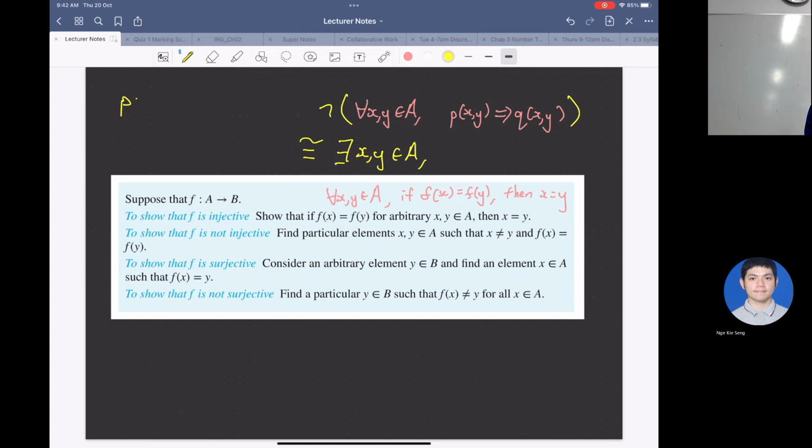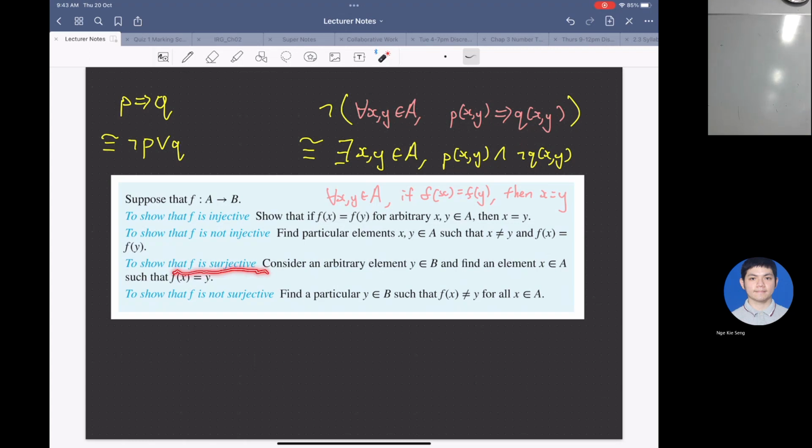Remember P implies Q is logically equivalent to not P or Q. So negating it, you use De Morgan's law and get P and not Q. So assume f(x) equals f(y), that's P, and not Q, meaning x not equal to y. Combine everything you learned.